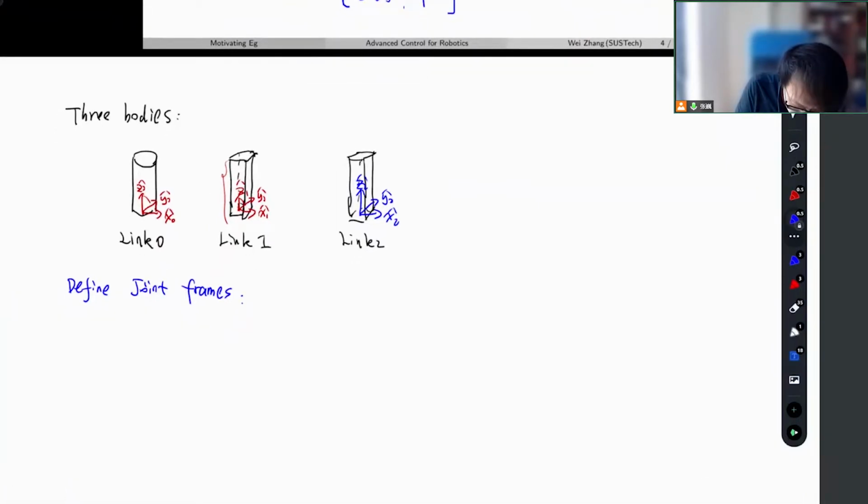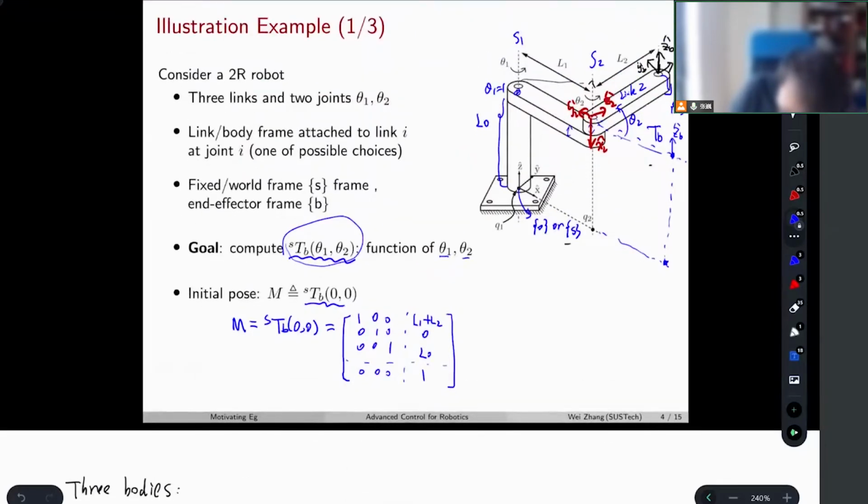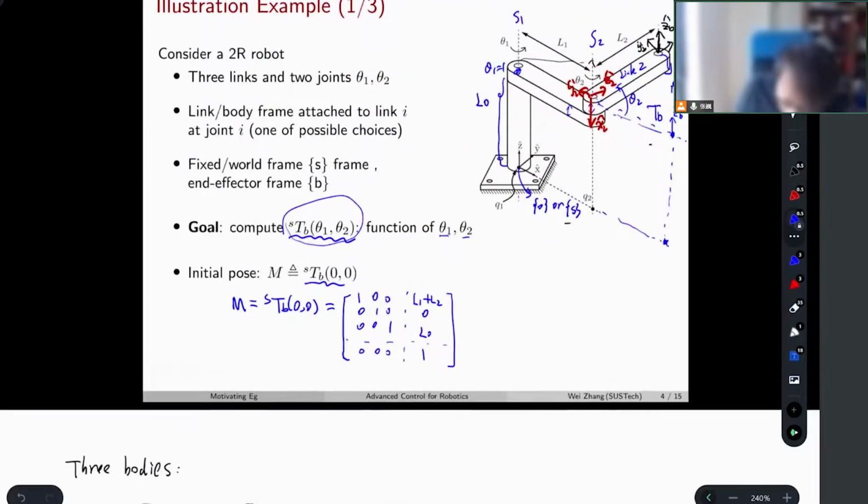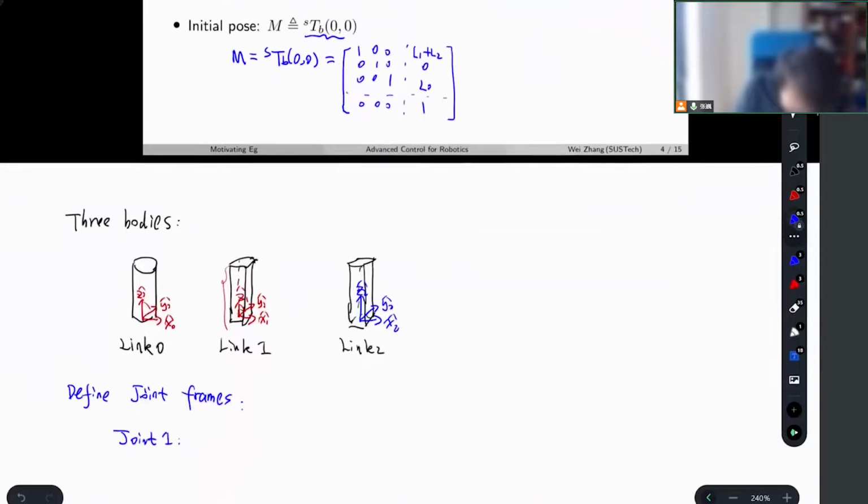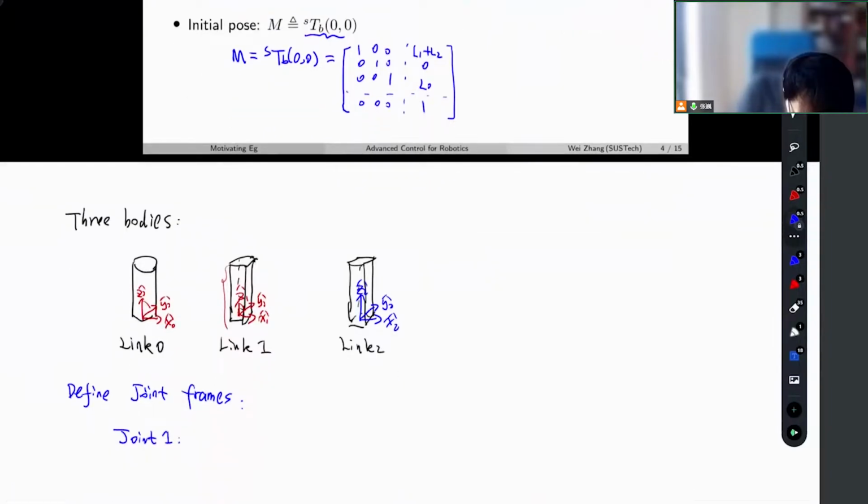For example, the first joint, let's say joint 1. The joint 1, if you look at this figure, is here, right? In joint 1, I can define a frame on body 0 that denotes where I want body 1 to connect with body 0, right?